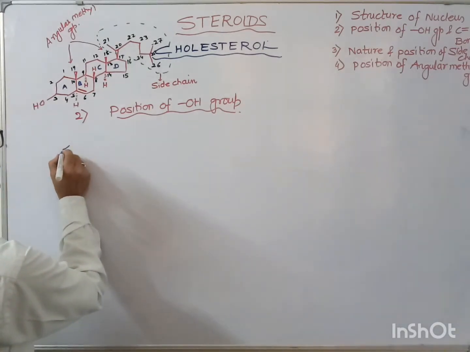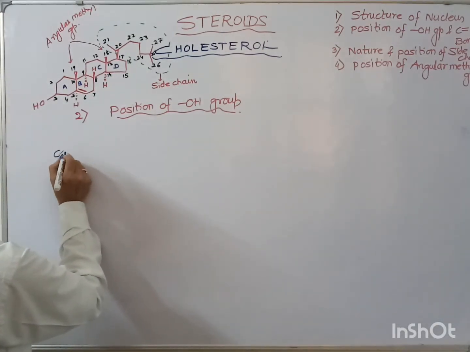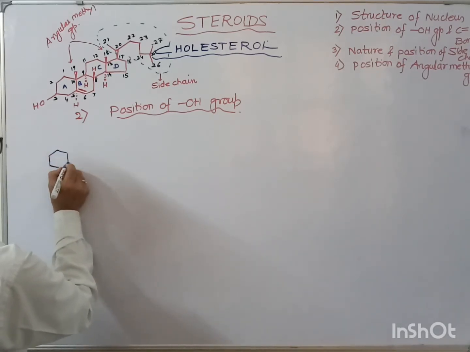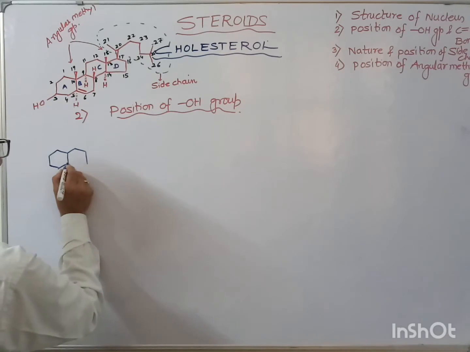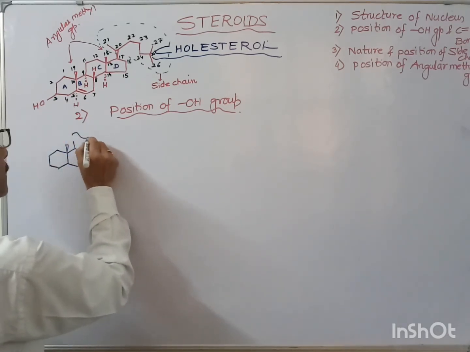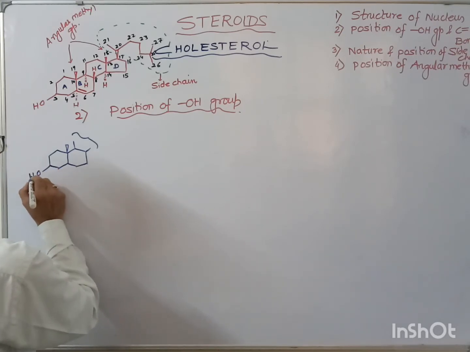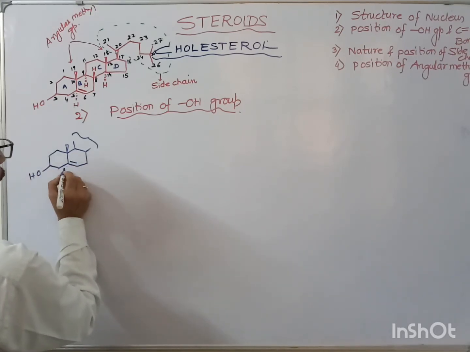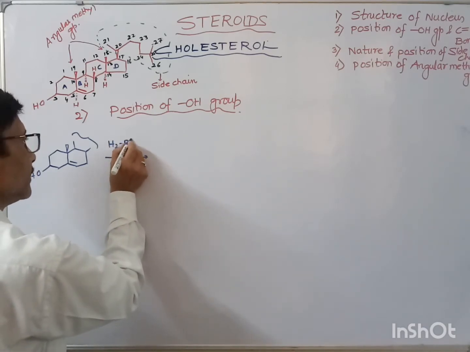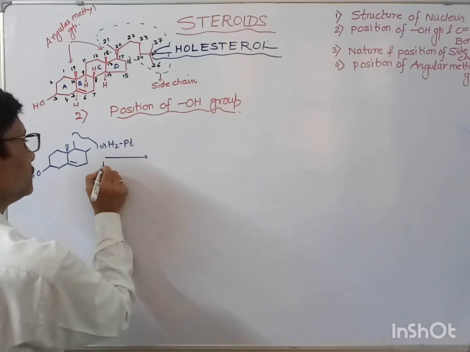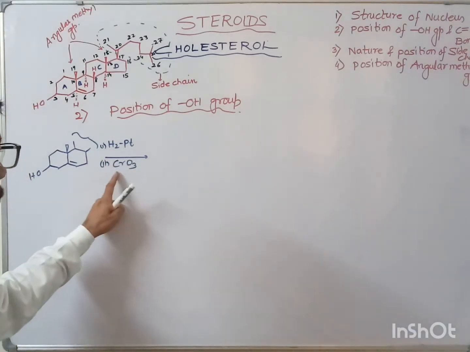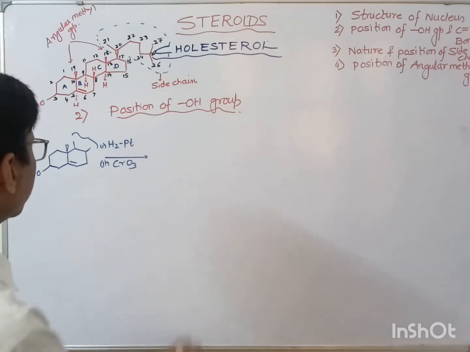First of all, let me write this cholesterol this way. So this is our cholesterol, and when it was treated with H2 Pt reduction followed by chromium oxide, finally cholestenol was obtained.